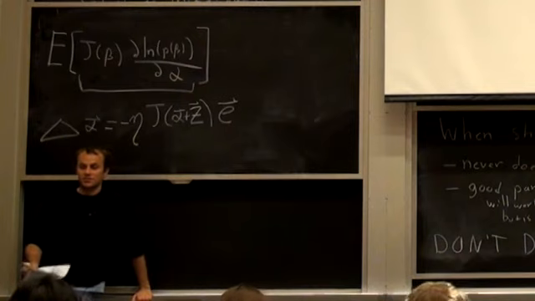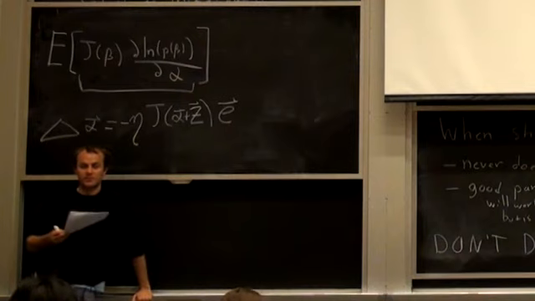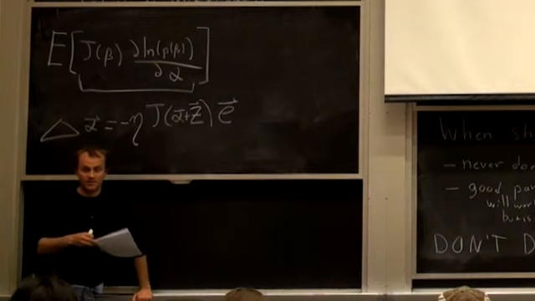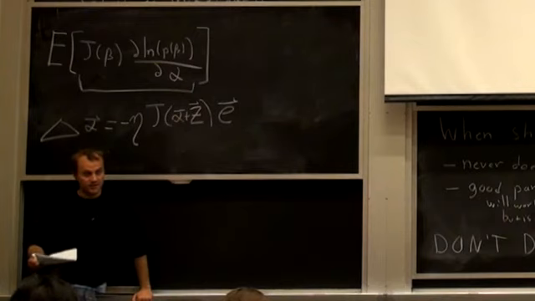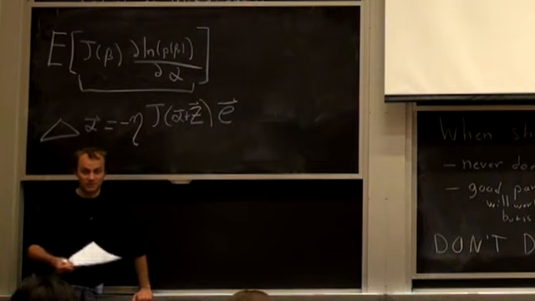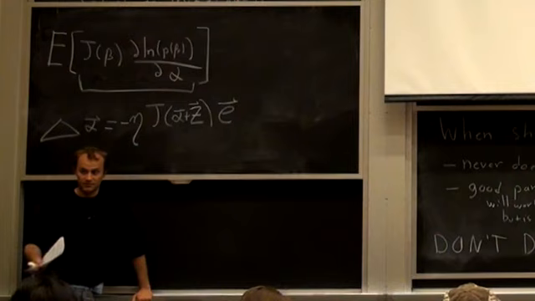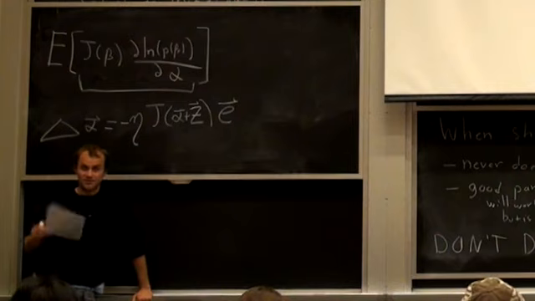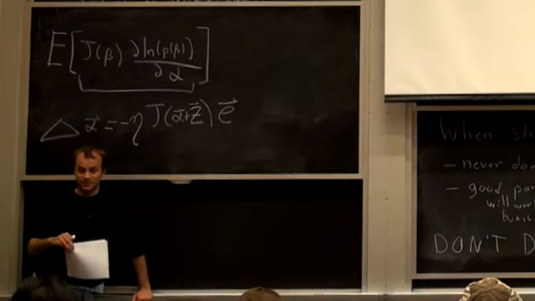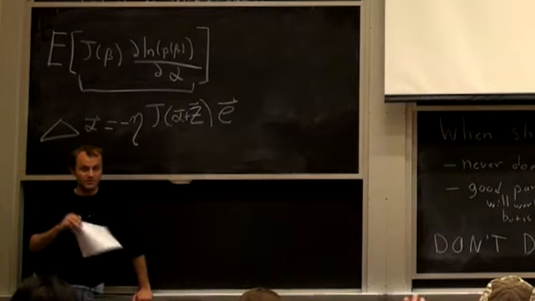The eligibility is capturing the weights of how much you think each parameter is responsible for affecting that output. A big eligibility on a parameter means that parameter is going to move a lot. If the eligibility is small, it's not going to move much at all. Does that make sense? That's the way to think about the eligibility. It is just capturing what we expect the significance to be.